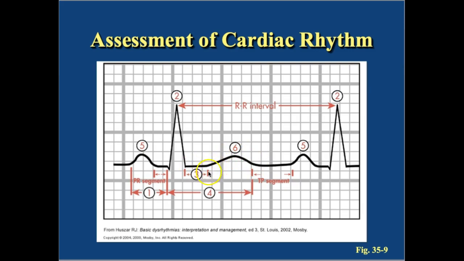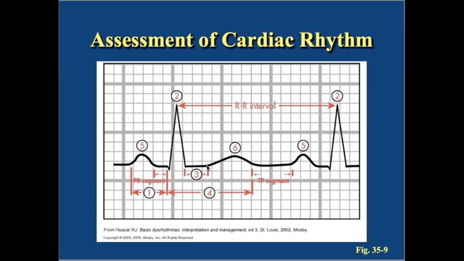Now what we want to look at here is this little segment right here, the ST segment. You measure this from the S wave of the QRS complex to the beginning of the T wave. It represents the time between when the ventricles depolarize and when they repolarize.